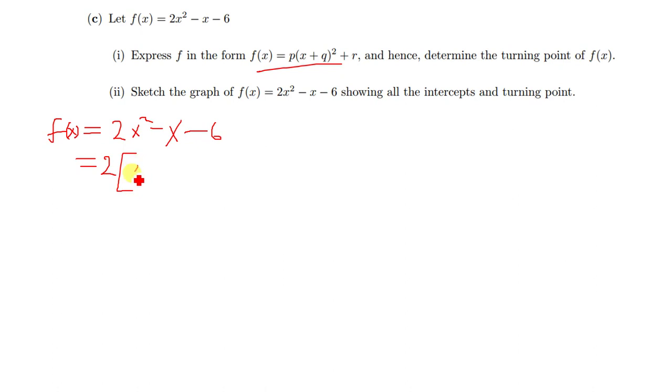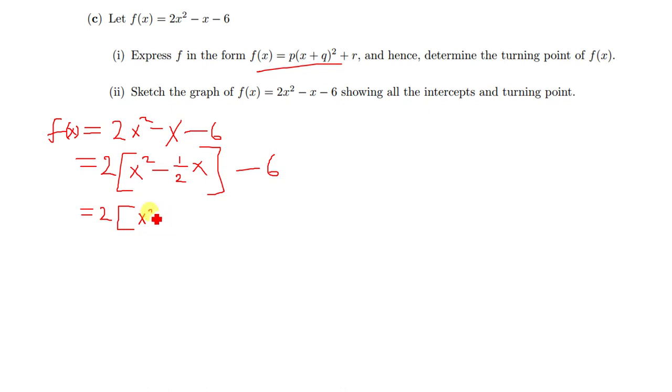Once you factorize the 2, you are going to have something like this: x squared minus 1 over 2 x, and then you close the brackets, minus 6. From there you're going to have the 2 outside, and then open brackets. You complete the square of what is in the square brackets.